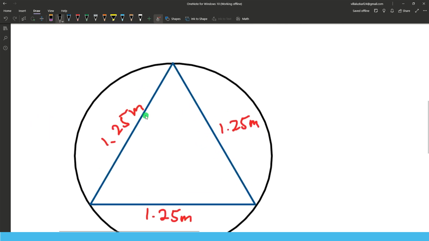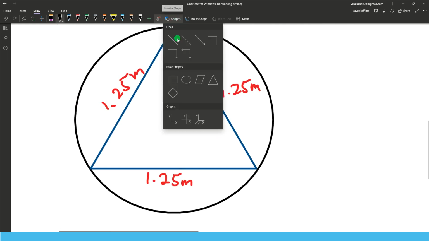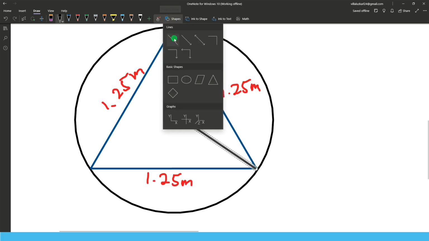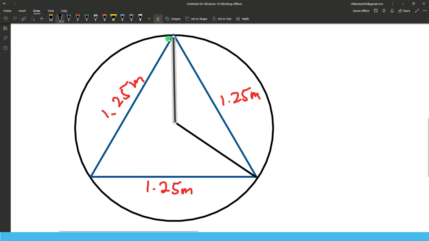So if you have a circumscribing circle along a triangle, the distance from the center to the vertices are equal. Okay, they are equal, and that is the radius of the circumscribing circle.